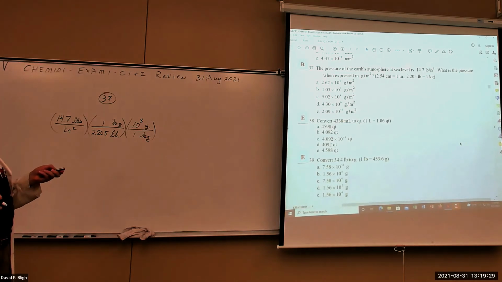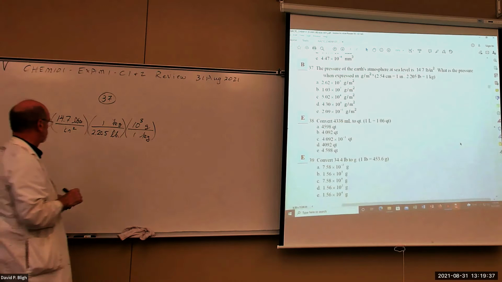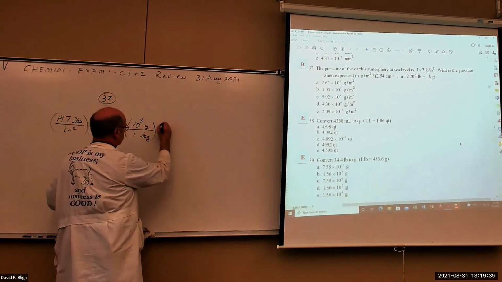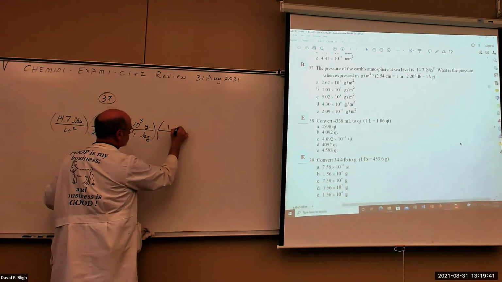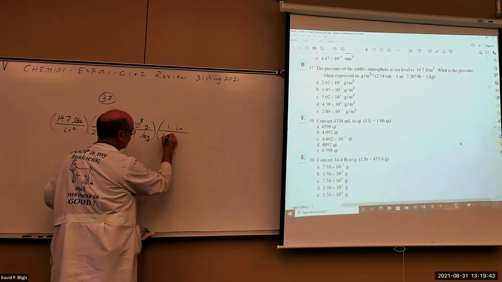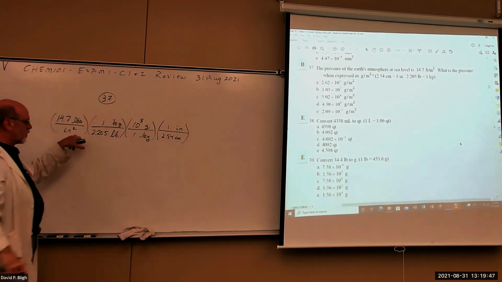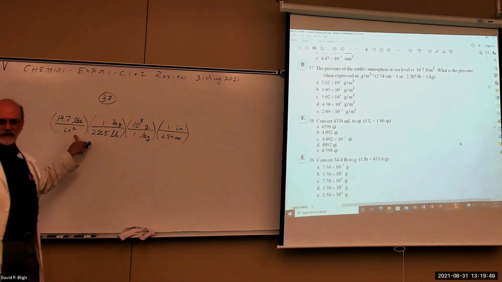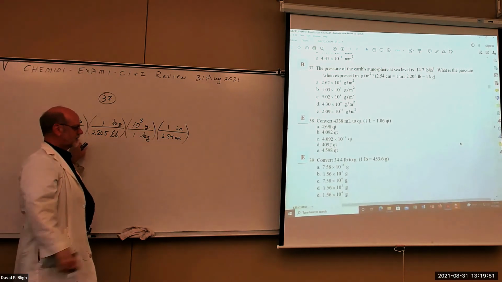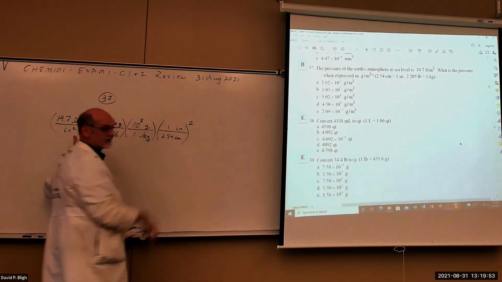Next, we're going to convert square inches. So 2.54 centimeters equals 1 inch. So 1 inch equals 2.54 centimeters. This one's squared. What do I do now? Square the whole thing.